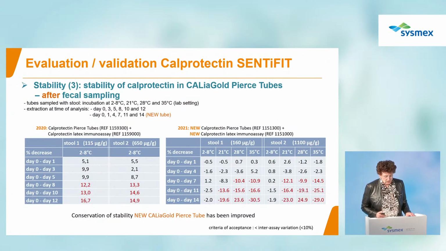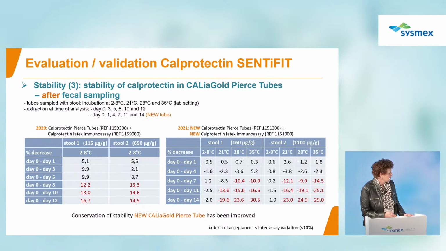We also looked at the stability of the calprotectin after sampling. Some results are demonstrated over here. In 2020, we tested the calprotectin pierce tubes after sampling, and we performed the test during several days.